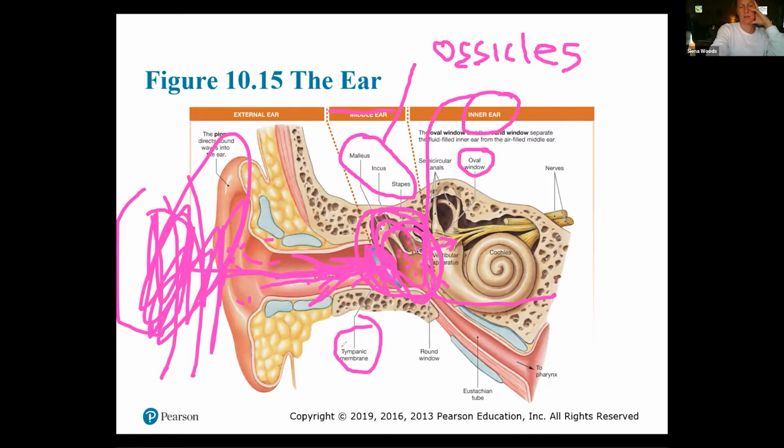We actually have a little tube, the eustachian tube, which connects from the middle ear to the pharynx. What is the pharynx? Isn't that like part of your throat? It is.